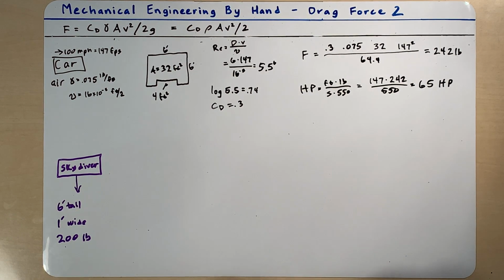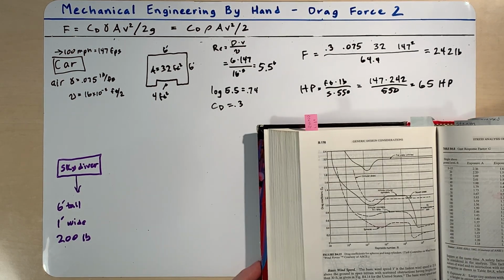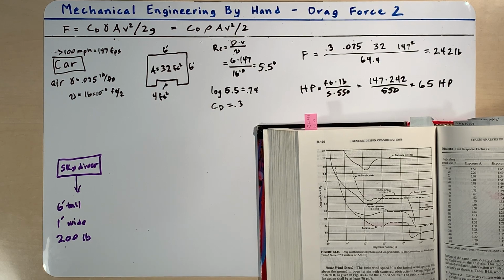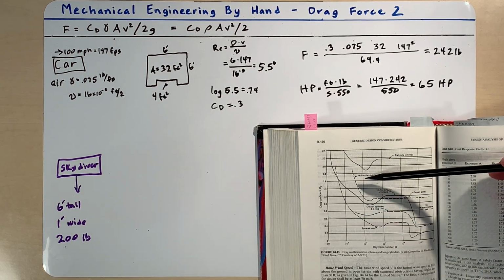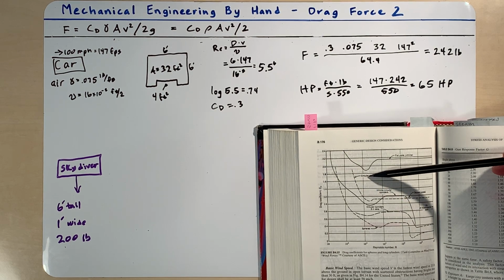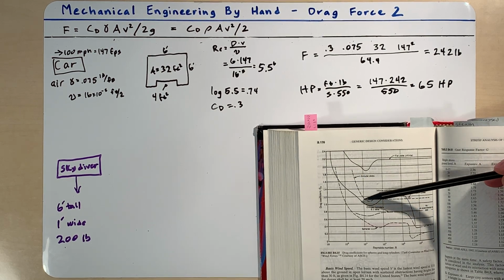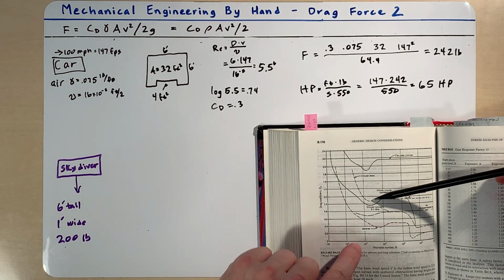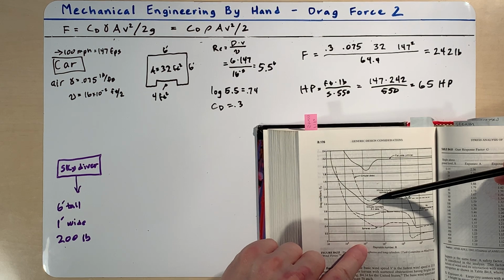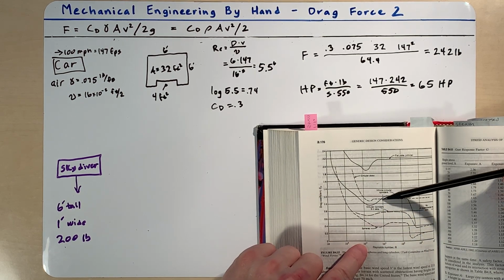Okay, so let's look at our drag coefficient chart. I'm going to assume this person represents a circular disc, and I'm also going to assume that the Reynolds number is here or higher, which is a pretty safe assumption because this would be a Reynolds number of about 5,000, which is pretty low.